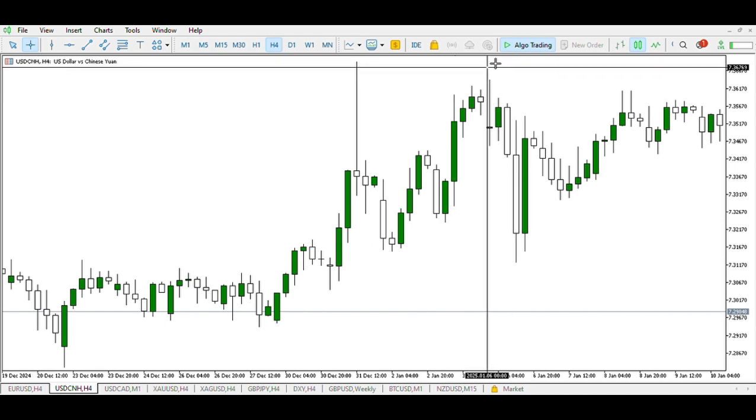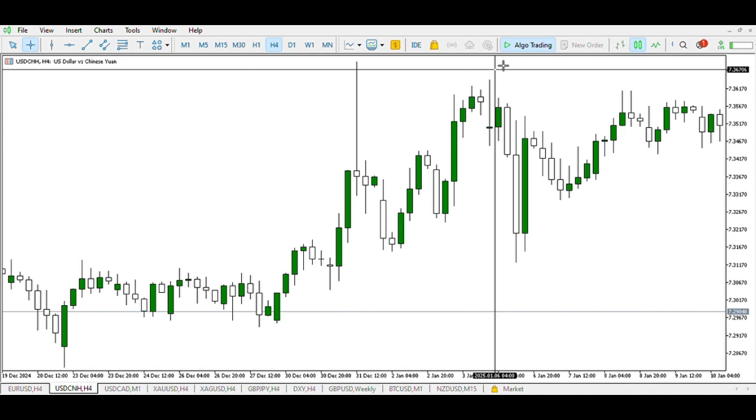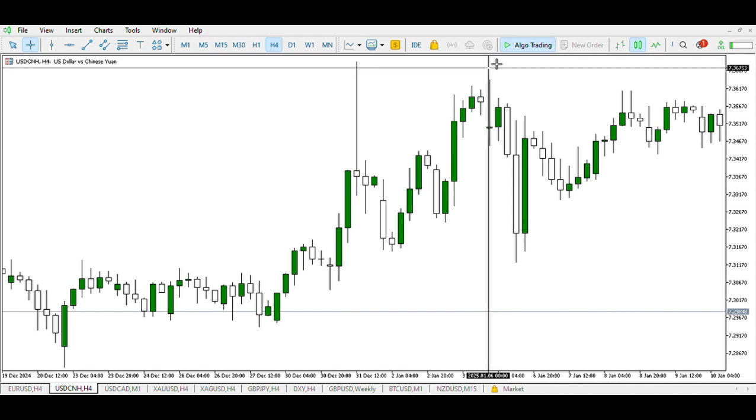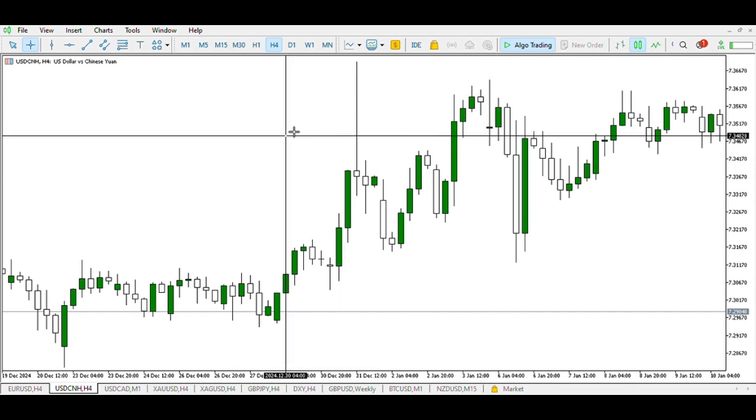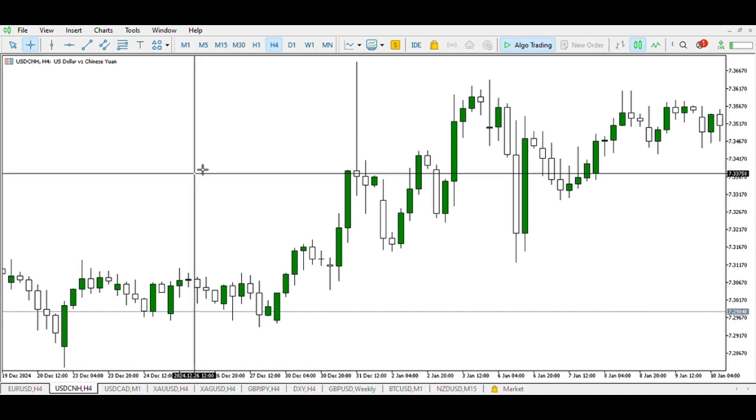Because once the market closes for the day, the market maker does what? He does his recording, he does his accounting, and what does he do most of the time? He sweeps away the majority of the orders within that zone. It goes in the opposite direction.